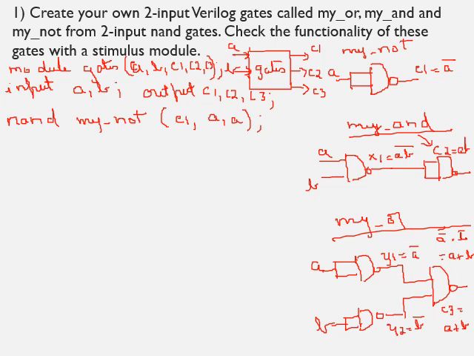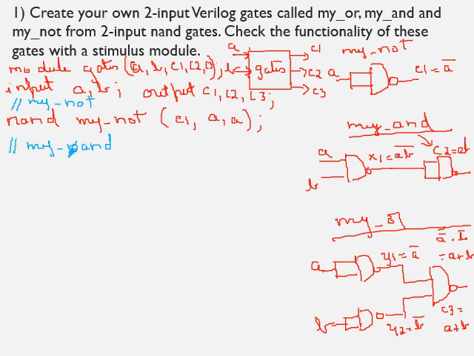Next coming to the AND gate. So for that we have two instances. Let me take the first one. This is my NOT gate. I've just put a comment. Next I will be doing my AND.